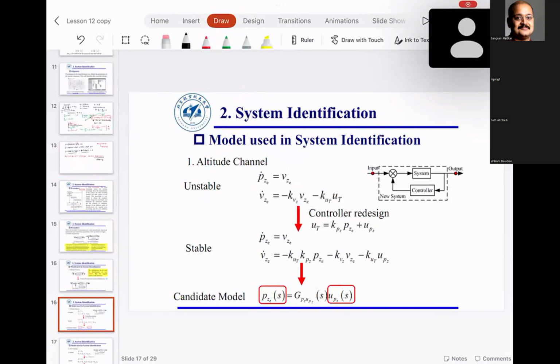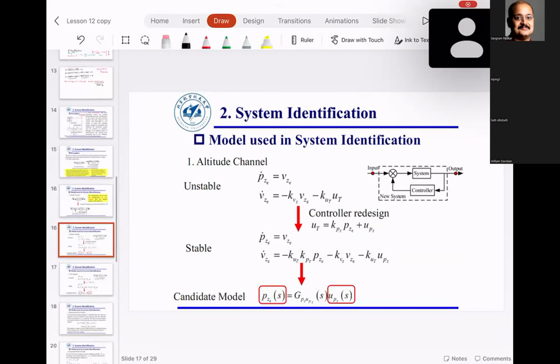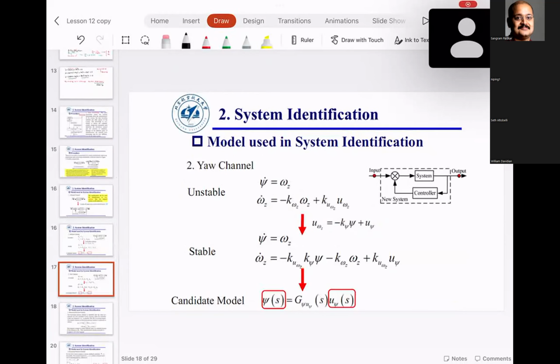Now, many a time, what you do is you start with an approximate model, and that approximate model could be in the state space, or it could be in the Laplace domain, that is what is called a transfer function. That's what we discussed in robotics 1 towards the end. So you can have the mathematical model as a transfer function, or in the state space, and then you can design the controller either in state space or in the transfer function model.